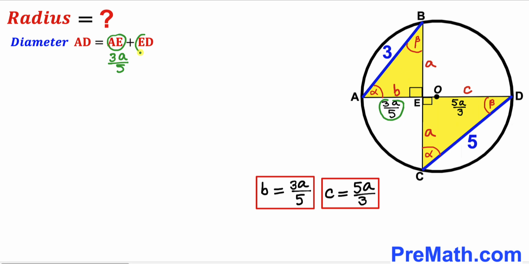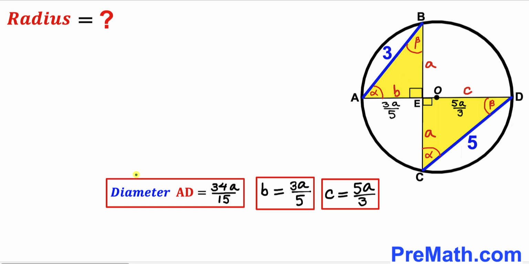And likewise this ED segment length is 5a divided by 3, so I'm going to replace it with 5a divided by 3, as you can see in this next step. So thus our diameter AD turns out to be 34 times a divided by 15.